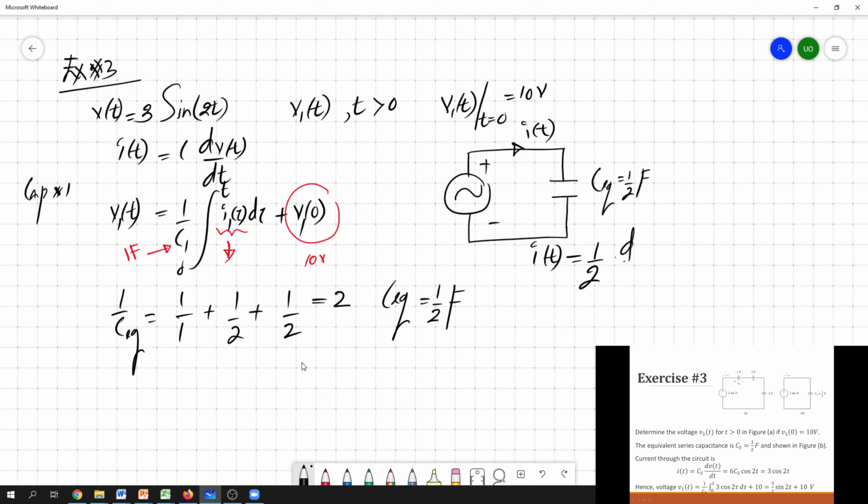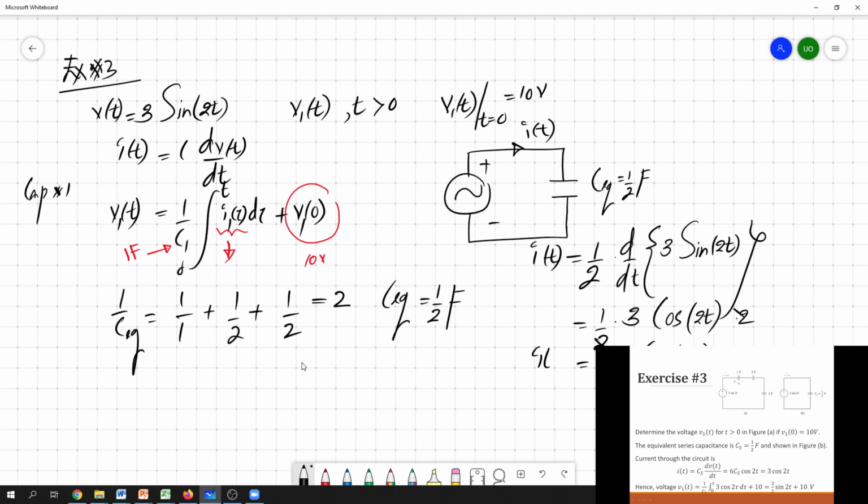the derivative of the voltage, 3 sine 2t. So it equals 3, sine becomes cosine, 2t into 2. So this equals 3 cos 2t.